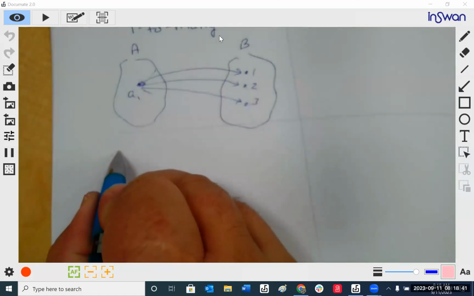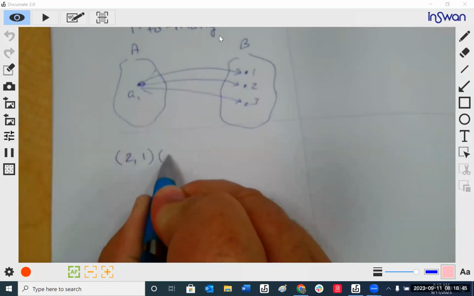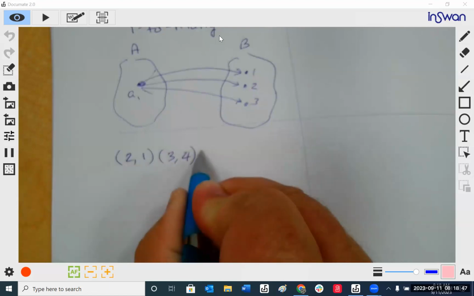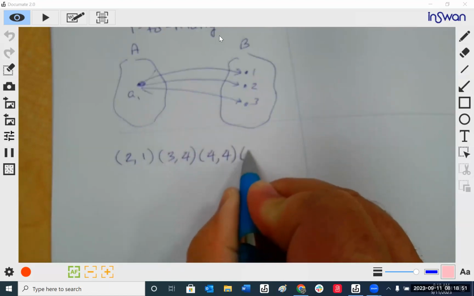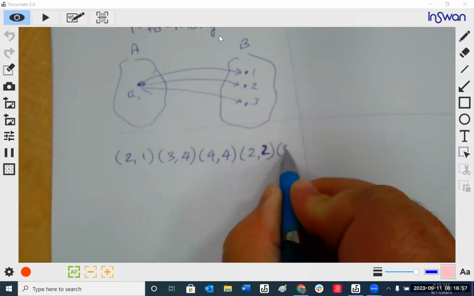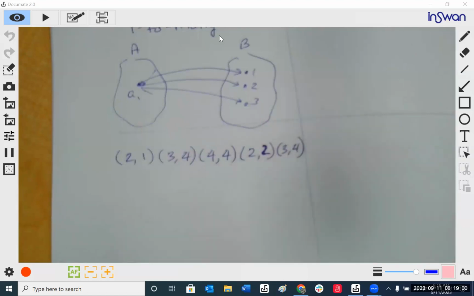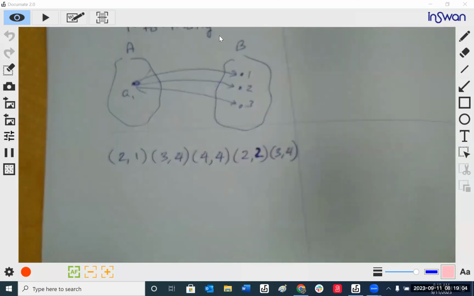How would it look? There's an example of a correspondence.